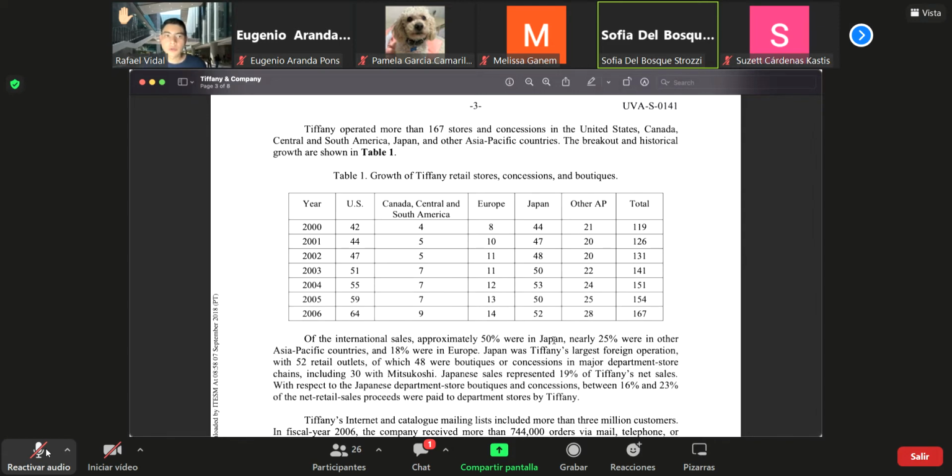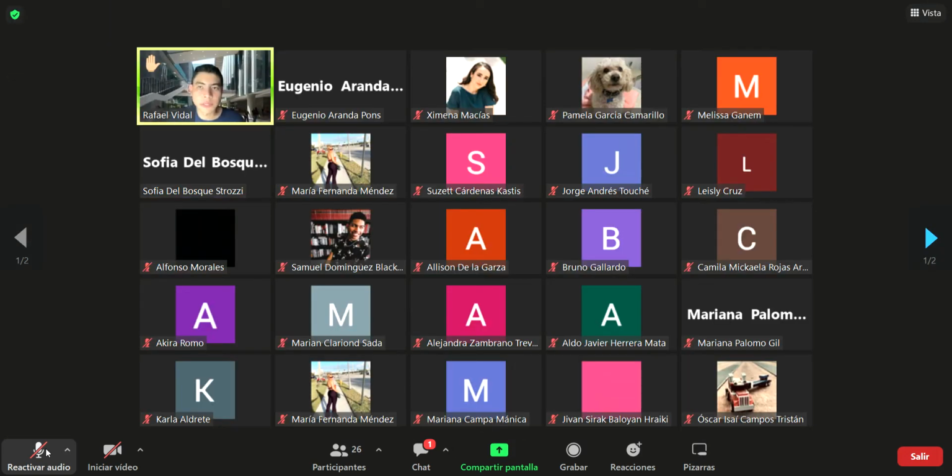Sophia, you already calculated another thing, which is fine, the growth rate for total stores. And we saw that from 2004 to 2005 we have a drastic decrease. So we have to look. Okay, thanks. We're just waiting for Japan growth rates and the amount of pieces they sold, and we get an answer to the case.